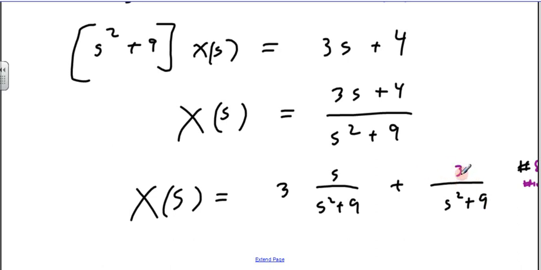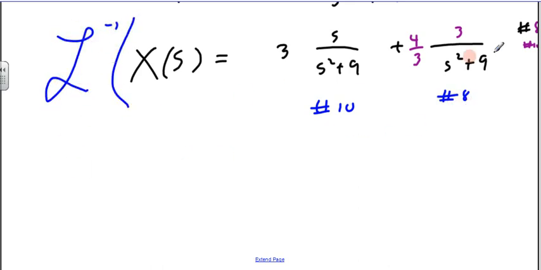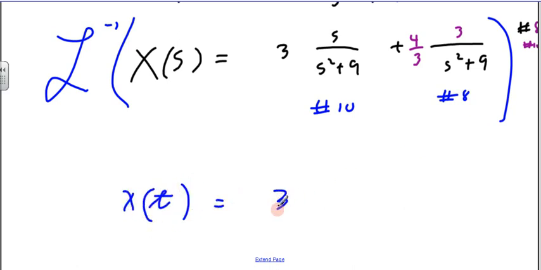And currently I have a 4 on top, so I'm going to multiply it by 4/3 so that I can have a 3 on top. Then I'm going to use number 10 on that and number 8 on this, take the inverse Laplace transform, and say x of t is equal to 3 cosine 3t plus 4 over 3 sine 3t, which is exactly what I had before.